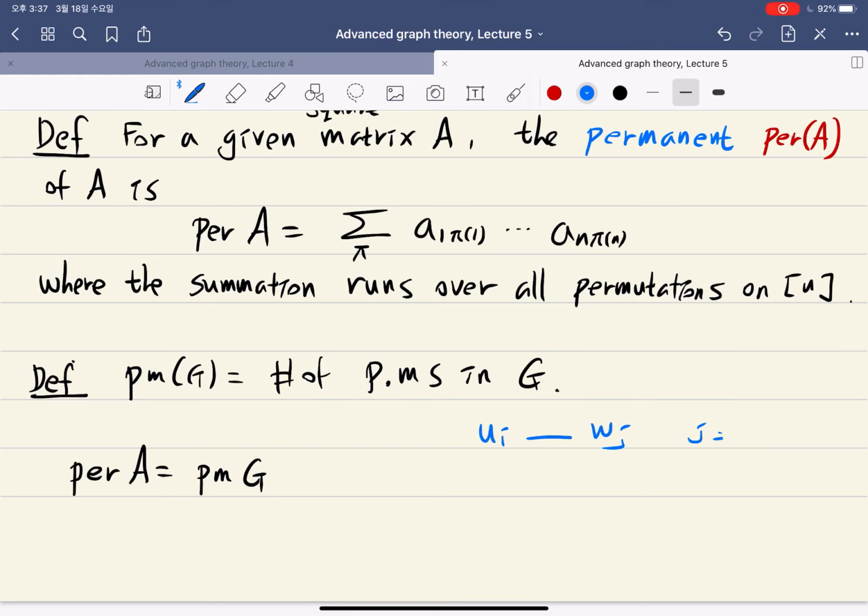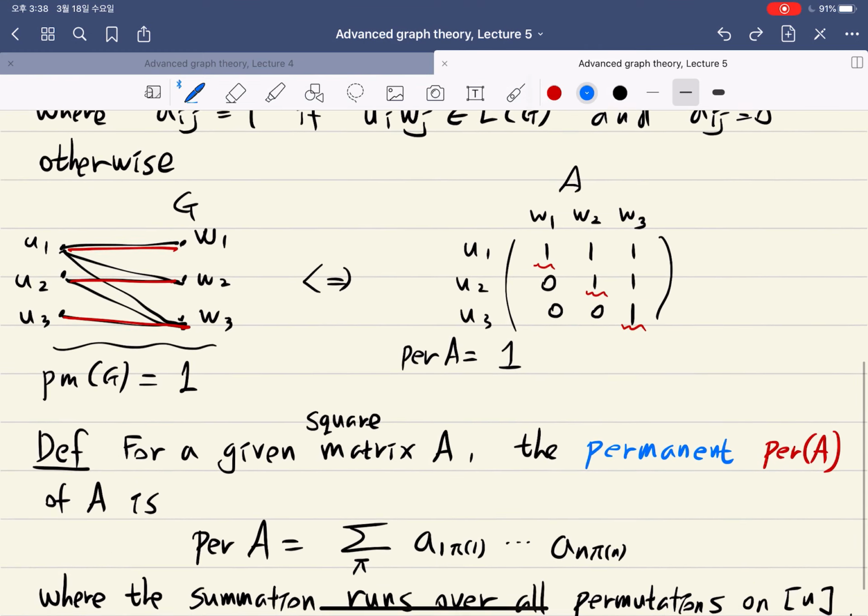Let that j be, say, sigma of i for some sigma. So for each perfect matching, it has this correspondence. And this sigma has to be a bijection between [n] and [n], so it is a permutation of [n].